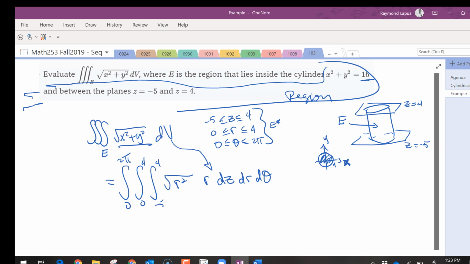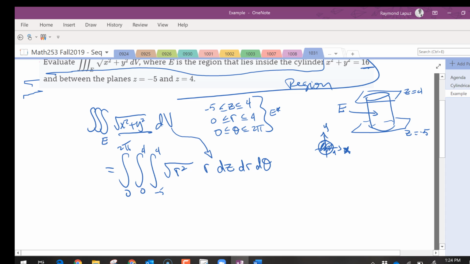Okay, so this integral is pretty easy to manage, right? We don't have to do it, do we? All right, maybe I'll do it later.